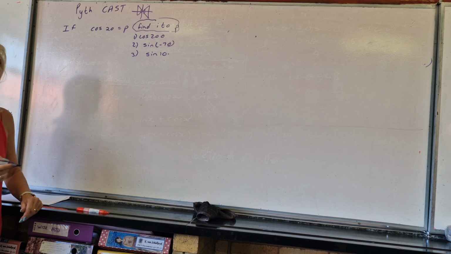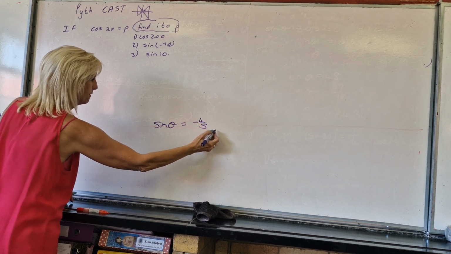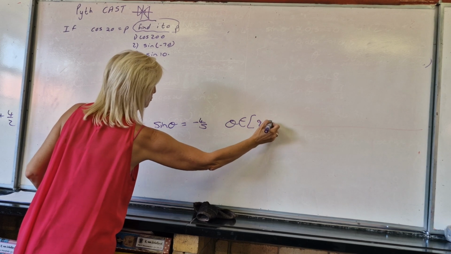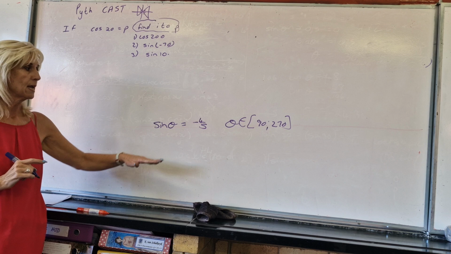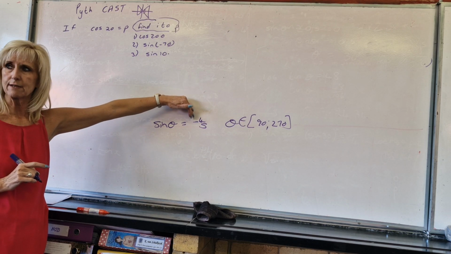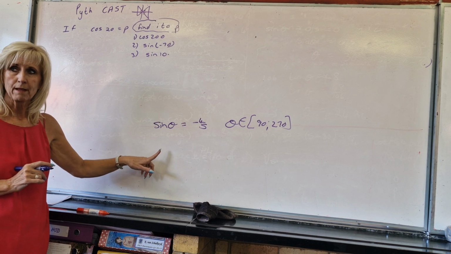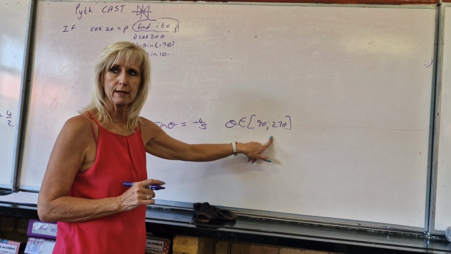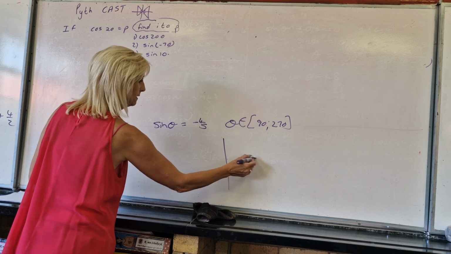It's not the one where I said to you, listen, if sin is equal to minus 4 over 5, and the angle can be between 90 and 270, you've got to figure it out for yourself first, that this one will be in the negative, so sin is negative, negative meaning that it's either in the 3rd or 4th quadrant. This one says I can only work in the 2nd and 3rd, so that means I'm definitely in the 3rd.